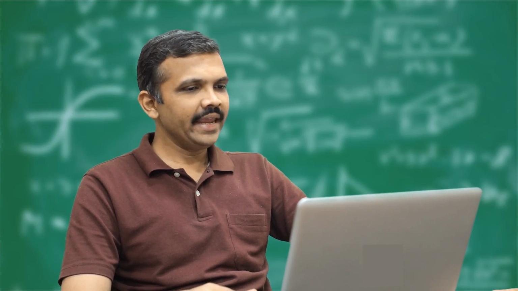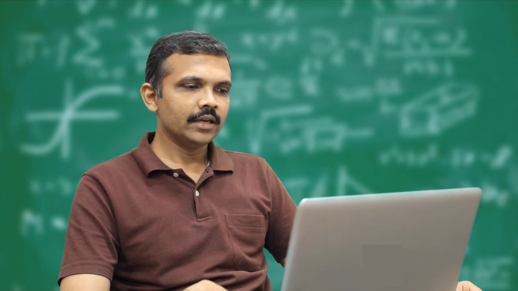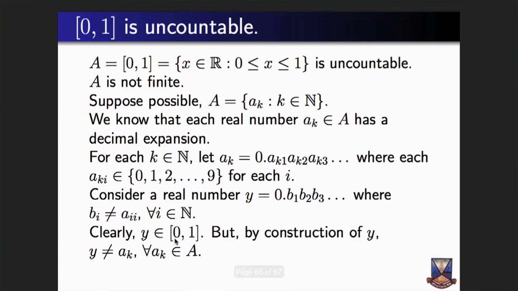This makes this number y different from each element a_k, because for any k the corresponding a_k has a digit a_kk, but the corresponding digit in y is b_k, which is going to be different from a_kk. Hence this number y belongs to [0,1], but it is not equal to a_k for any k.